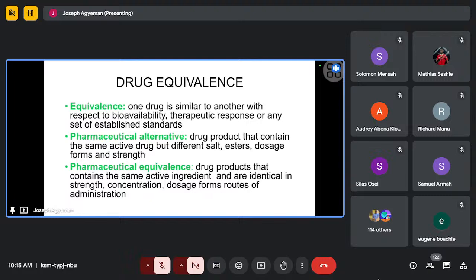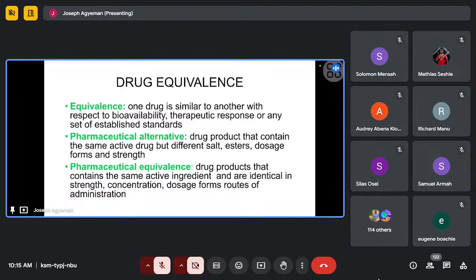So you have diclofenac tablet, tablet A, tablet B, one from company C, one from company Z. But they have the same active ingredient. They are all tablets for oral administration. And they have the same strength.